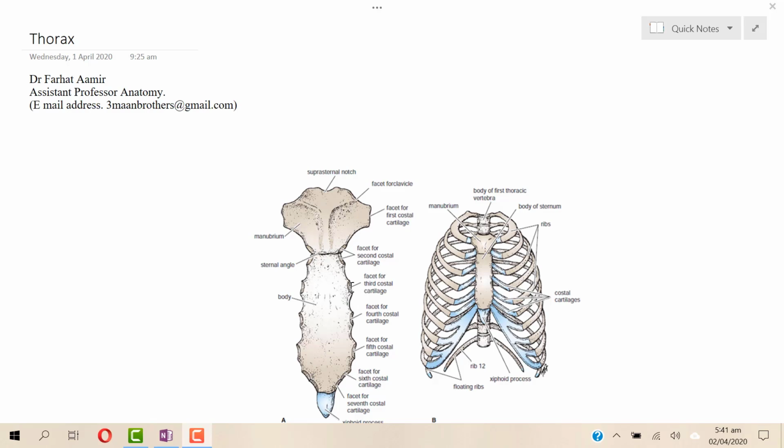Here the body of the sternum will give articulation to the lower part of the second costal cartilage, and the third, fourth, fifth, 6th and 7th costal cartilages. They are forming chondrosternal joints.